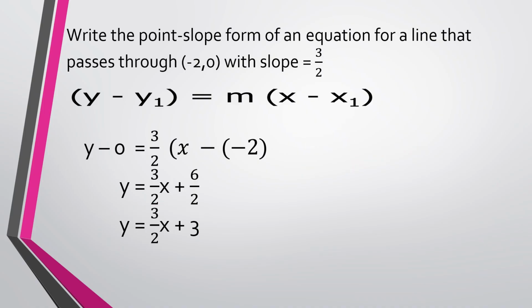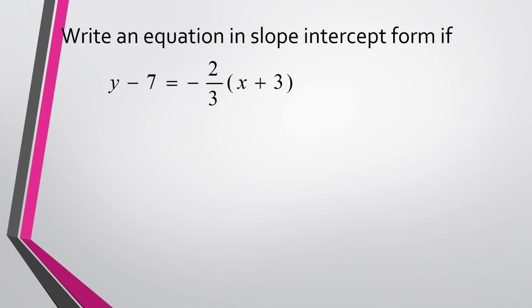Okay, next. Now write an equation in slope-intercept form if we have y minus 7 equals negative 2/3 x plus 3. So first, we have to write this down. Or we can combine, no? Minus, lipat natin to. That would be positive 2/3 x.